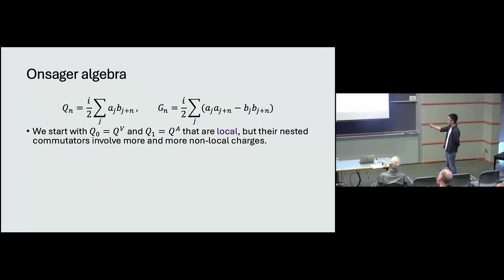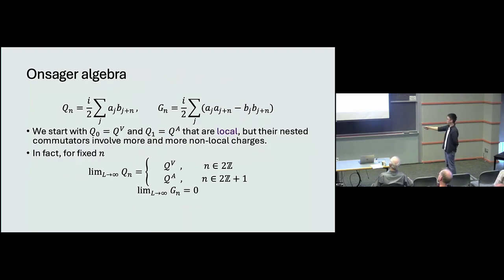So for finite n, when n is even, it goes to the vector charge, whereas when n is odd, it goes to the axial charge. So we have not only one axial charge on the lattice, but many of them. Gn is the commutator between QB and QA, and you can show that it goes to 0 in the continuum limit.